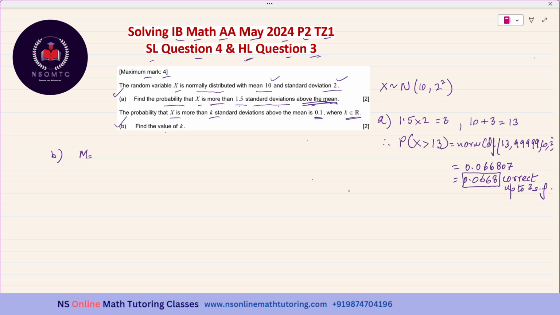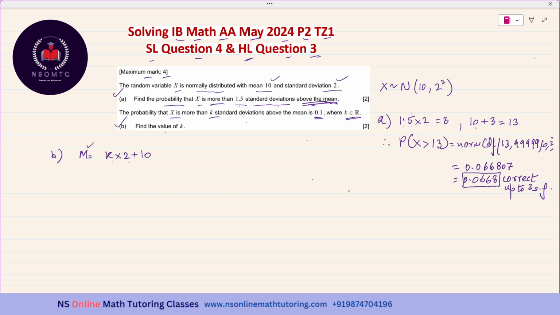You can take any other variable also. K standard deviations above the mean means k times 2 plus 10, just like I did for 1.5 standard deviations, 1.5 times 2.